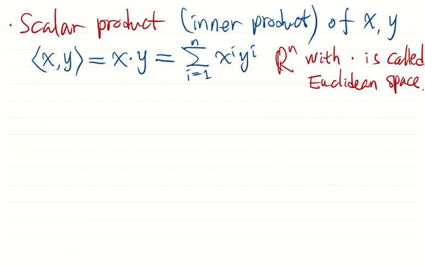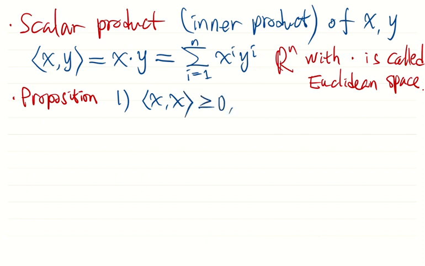Okay. Now we will discuss the basic properties of this scalar product. This is a proposition. We have these properties. Firstly, for any x, the scalar product of x with itself is non-negative, and if this is 0, this can only happen if and only if x is 0.